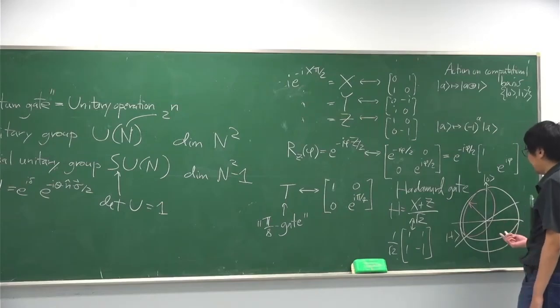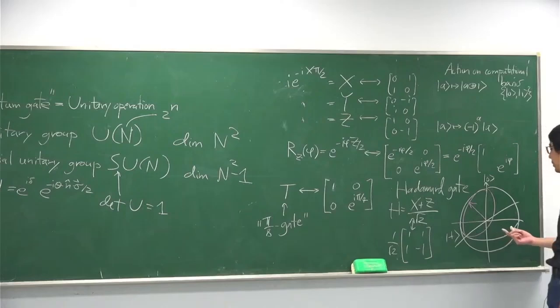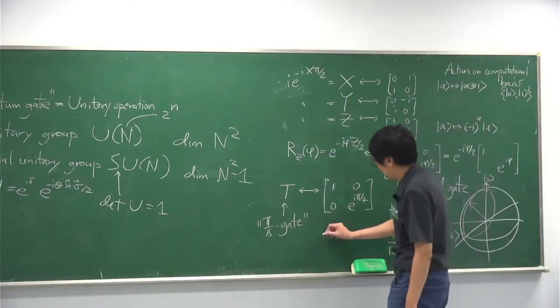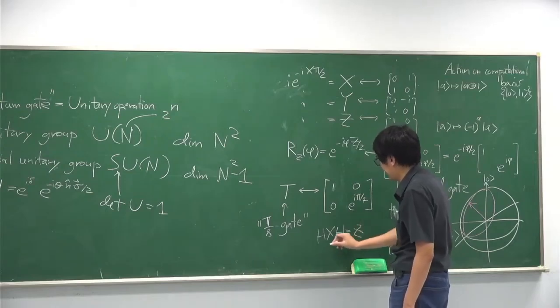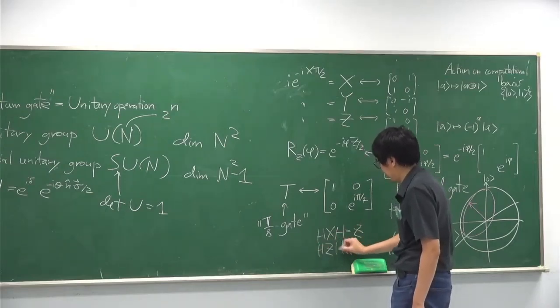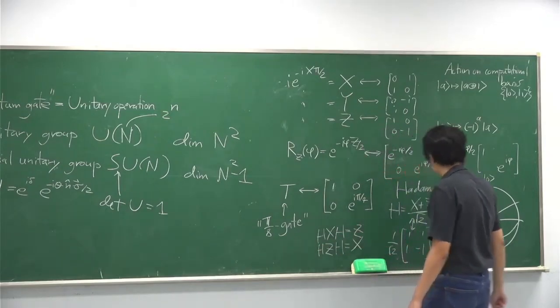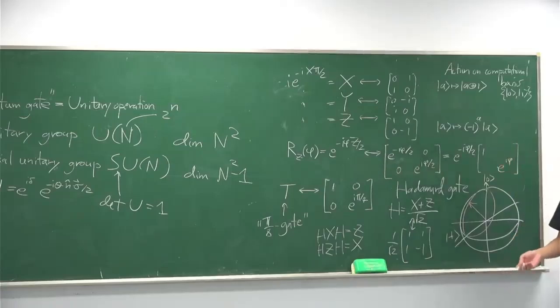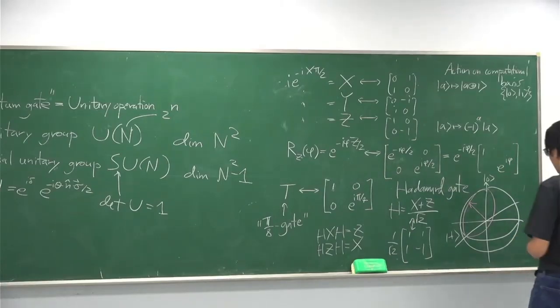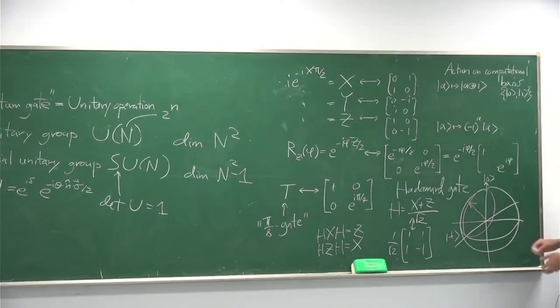One comment is that the effect of this is to interchange the X and Z basis. But of course, there are many matrices that interchange X and Z. For example, I can just rotate by 90 degrees here.